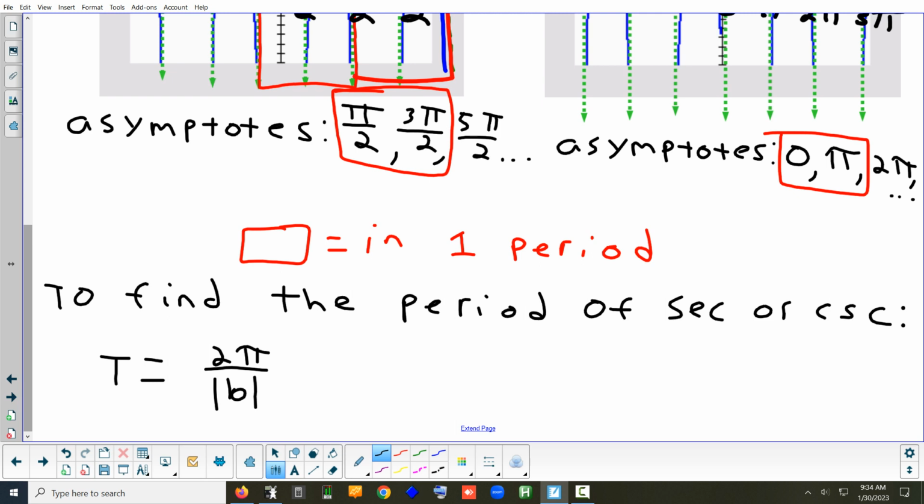But in general, most of the problems I give you already have b as a positive. Okay, everybody have that formula?